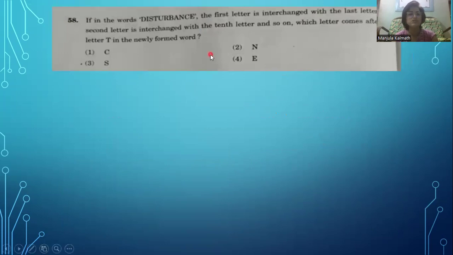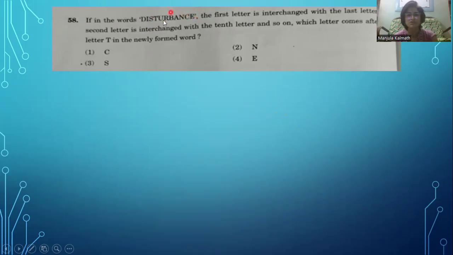The next question is: if in the word disturbance, the first letter is interchanged with the last letter, the second with the 10th letter, and so on. So how many letters are there in total? 11 letters. So in 11 letters, we have swapping between the first and last, then the second position and the last but one, and the third position and the third from the last.